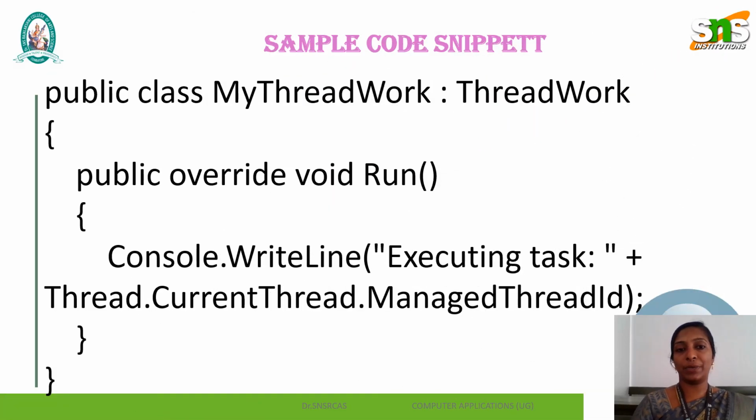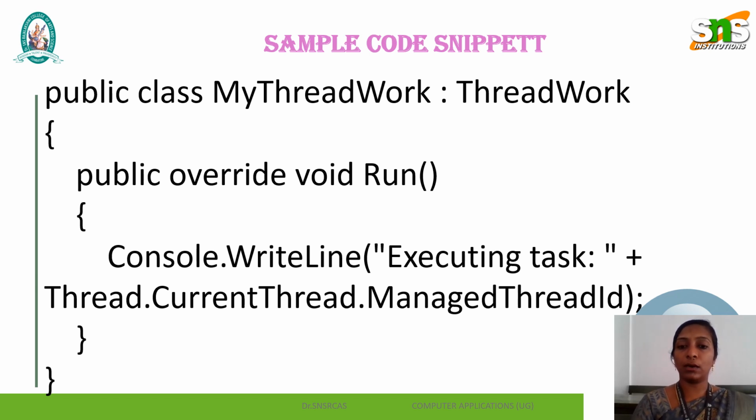This is a sample code snippet for AnekaThread. We have to create a public class named MyThreadWork, derived from ThreadWork. MyThreadWork is mentioned as the class name, and ThreadWork is the keyword we define. Next, we have to provide the task in the console.